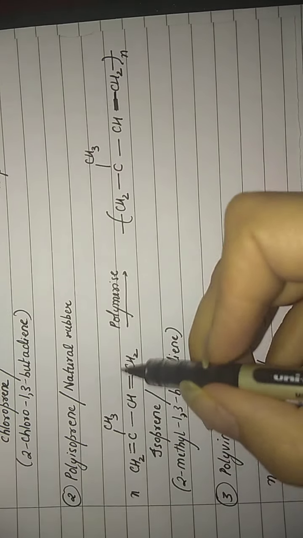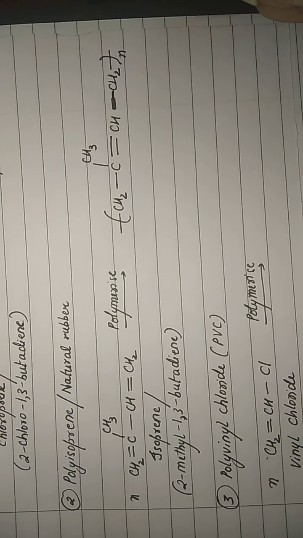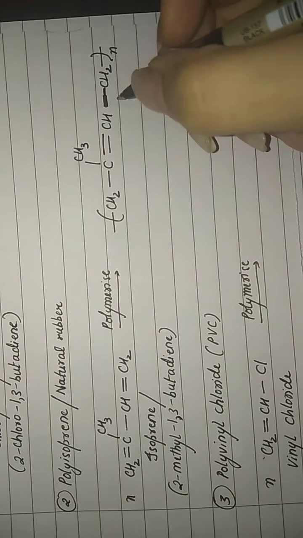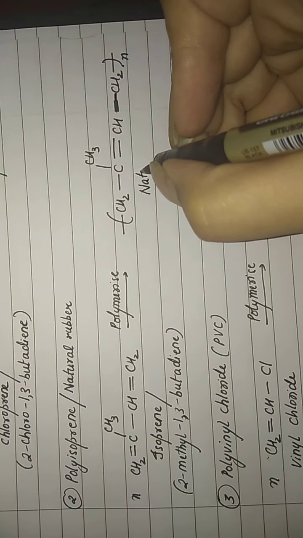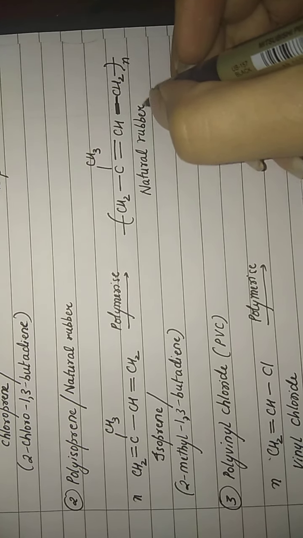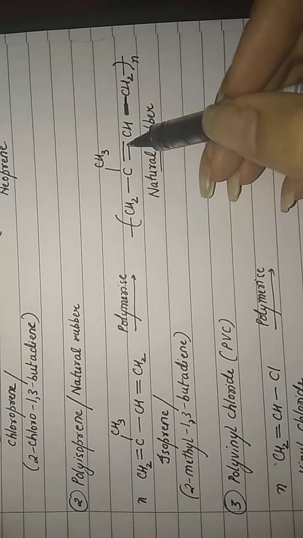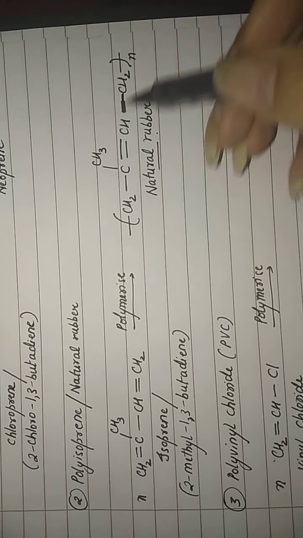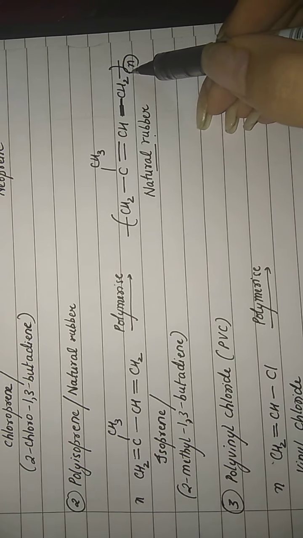I remove these two double bonds and put a double bond in between. Fine. So this is how you form polyisoprene, or you can call it natural rubber. Again I'm repeating, you have to remove these two double bonds and put a double bond in between. But do not forget to write this N.